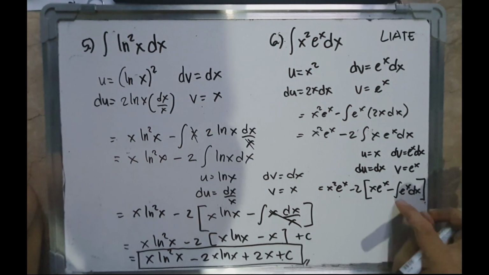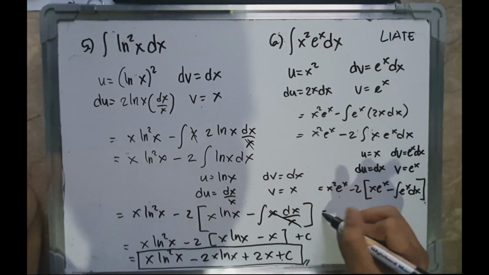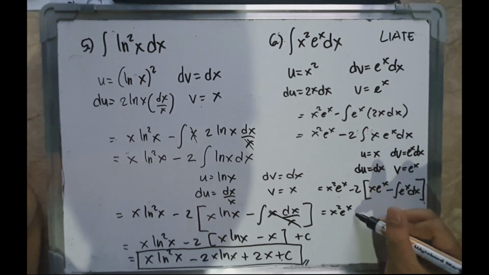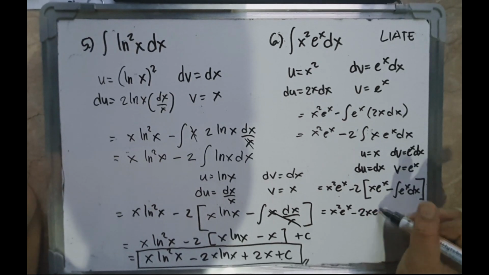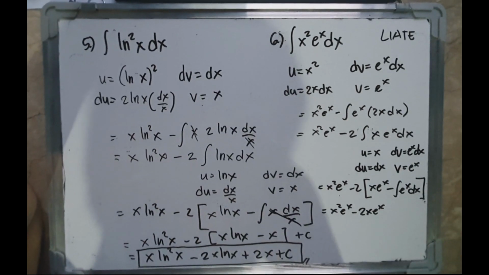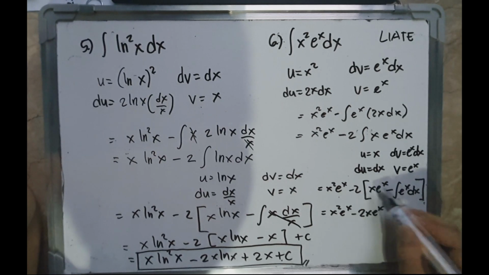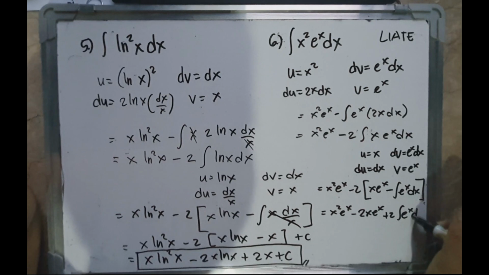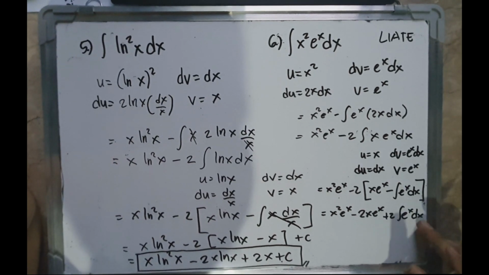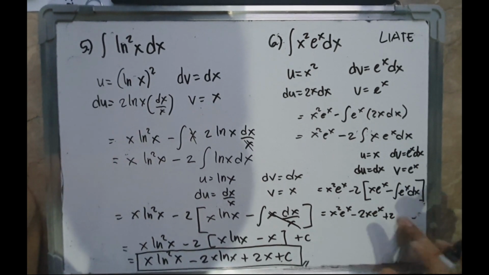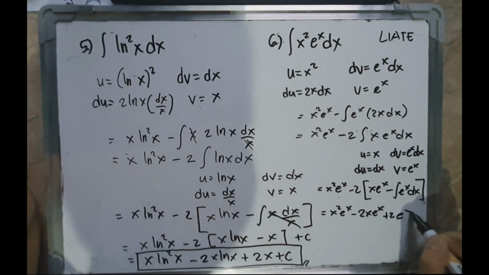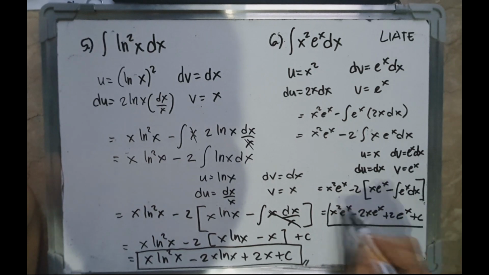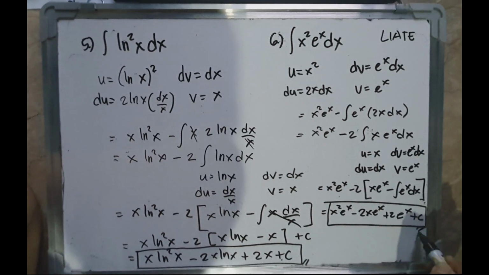We could now evaluate this one easily. x squared e to the x, distributing, negative 2x e to the x. Okay, how about this one? Positive 2 times the integral of e to the x dx. The integral of e to the x dx, that is e to the x. And our plus c, of course. This will be our final answer.